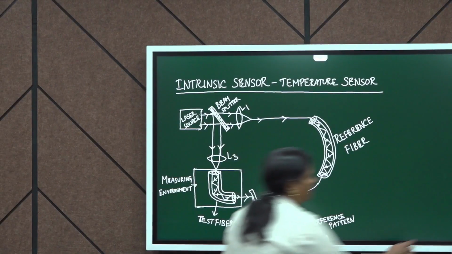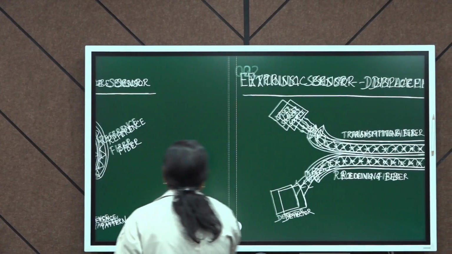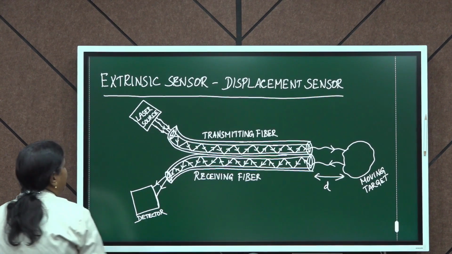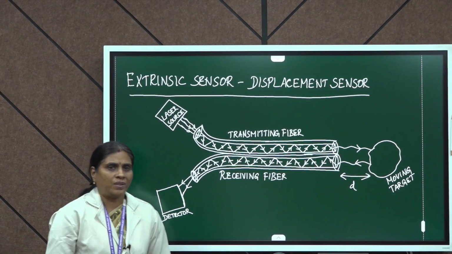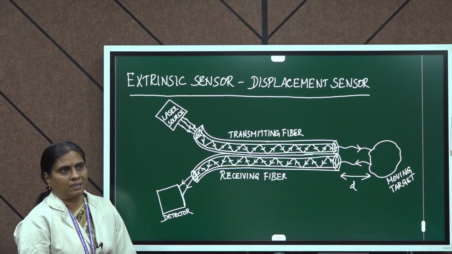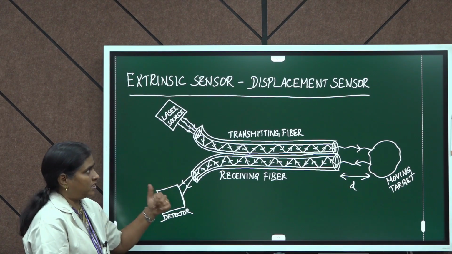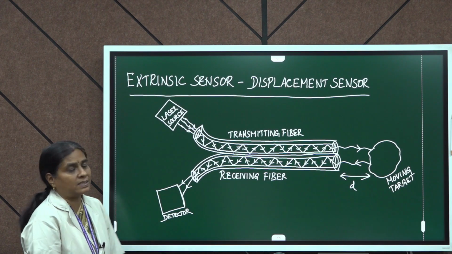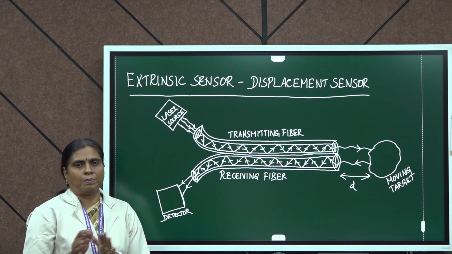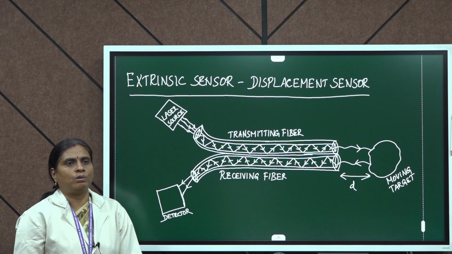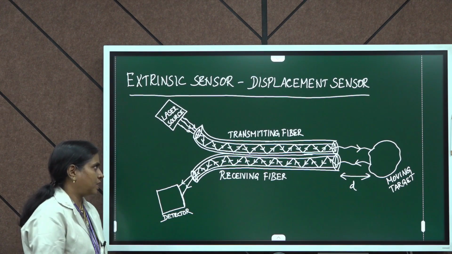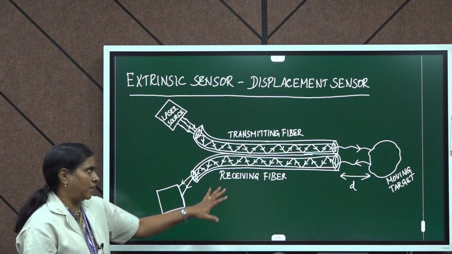The next type of sensors is called extrinsic sensors. We can measure acceleration, velocity, displacement, any type of physical parameter using an extrinsic sensor. Here the optical fiber is only used to guide the light effectively, so it is just a guiding medium.